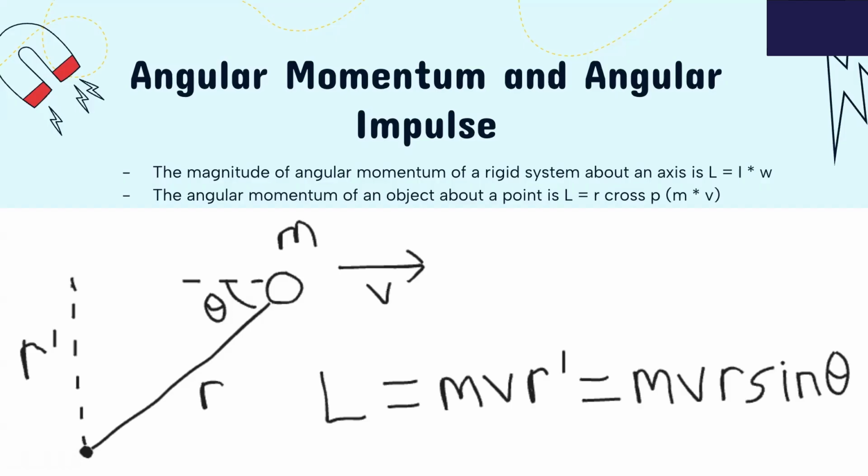So the angular momentum L from that object is equal to mvr sine theta, because that's r cross p, which gives the sine theta. And r sine theta is equal to r prime, just the vertical distance in this case. So no matter how far the object moves to the right, to the east, r prime, the vertical height, will be the same.